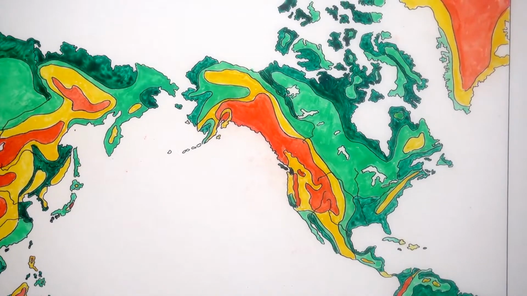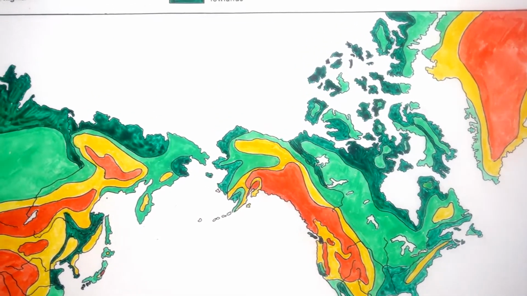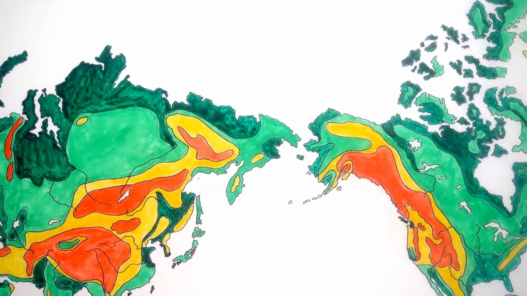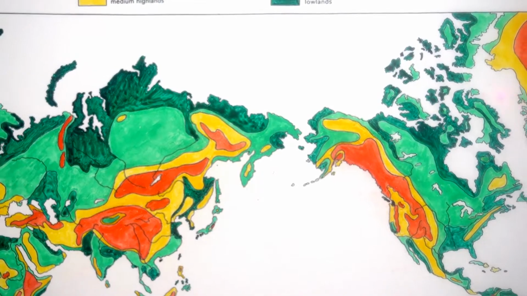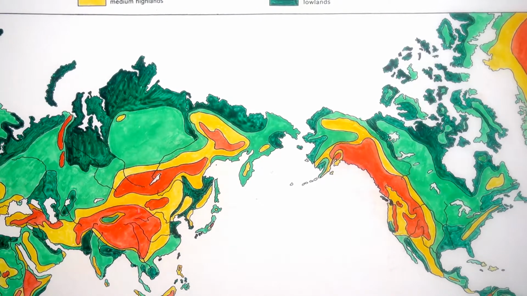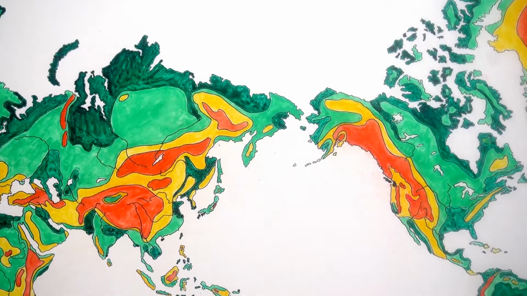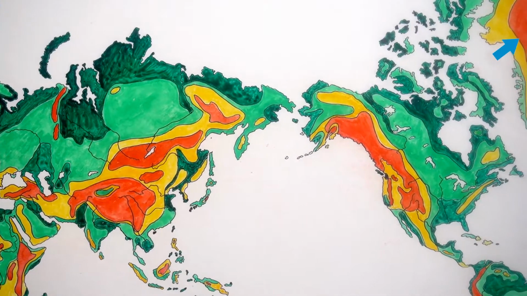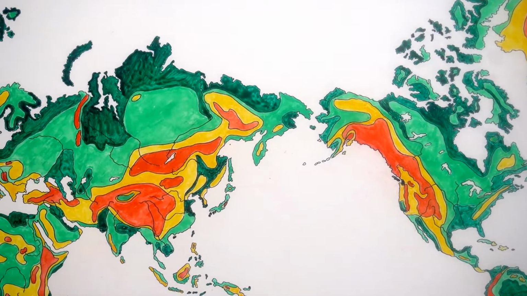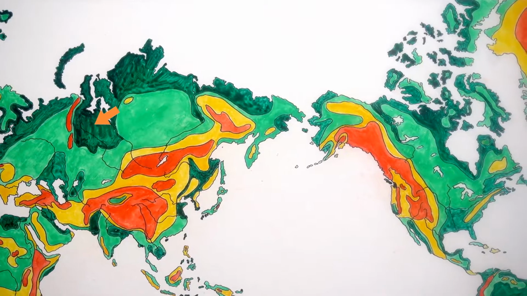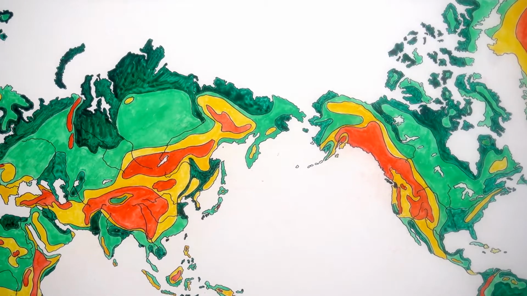So again, we are looking at highlands and lowlands as they relate to rivers. So this is the map of the world. So when we see this is showing highland, highland, highland, highland, lowland, all these lowlands. So let's see some of the rivers on this map.